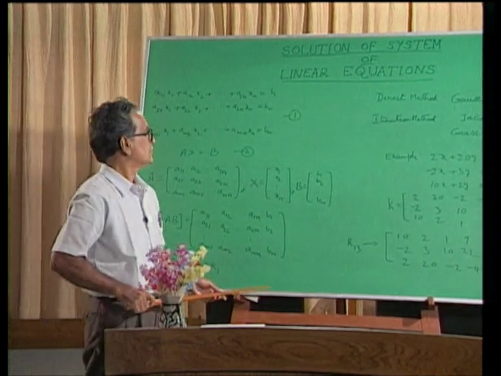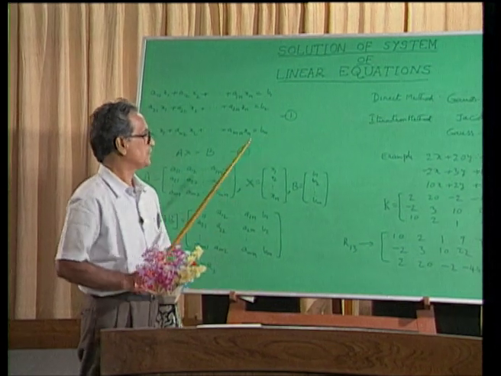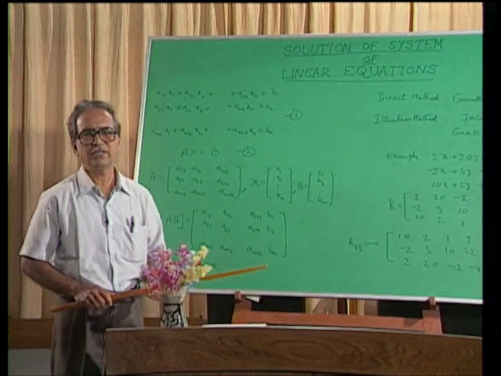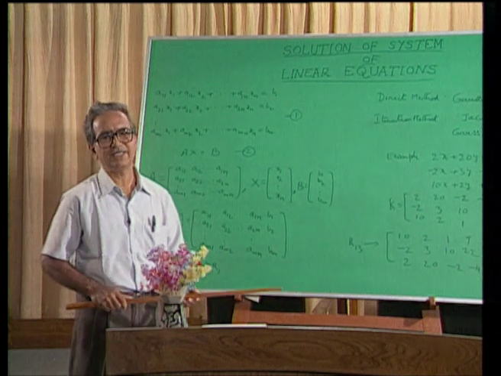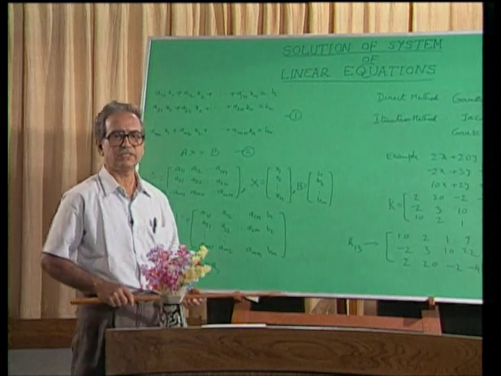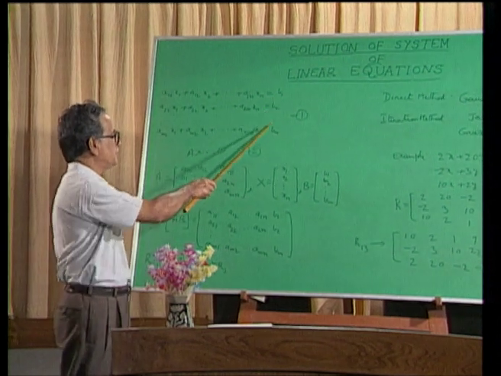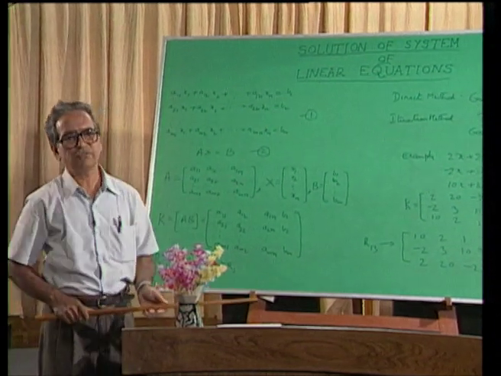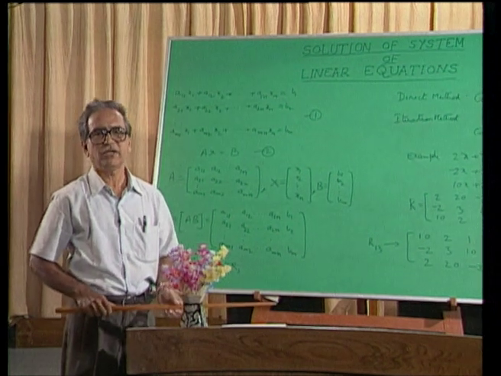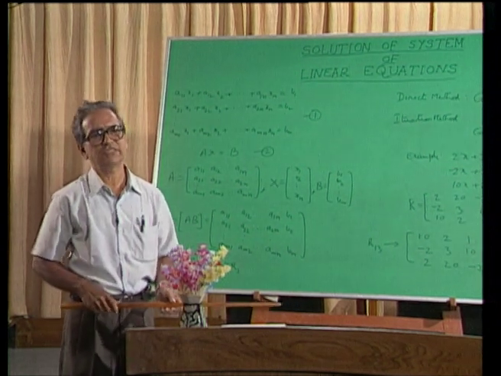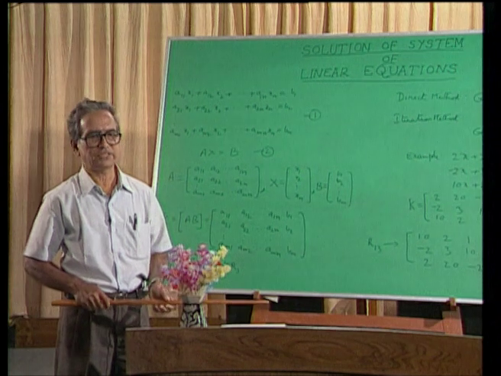Now, in the present session, we will be considering only a system of n linear equations in n unknown quantities, and among the linear equations, if all the b1, b2, ..., bm are zeros, then we say the system is a homogeneous system, otherwise it is called a non-homogeneous system.